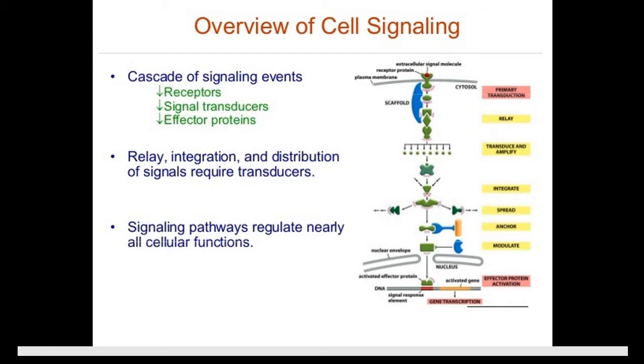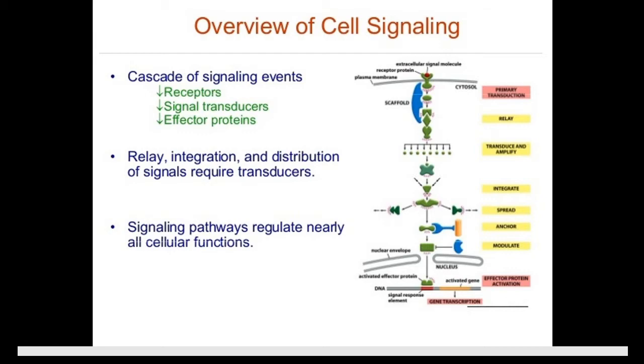If it's not clear, please understand my words, I will send the PPT to your mail ID. Okay. A cascade of cell signaling events has three different proteins. One is the receptor, another is the signal transducer, and another is the effector. What is a receptor? It is present on the cell surface or in the cytoplasm and receives a particular signal.